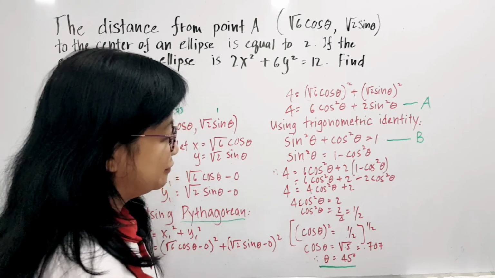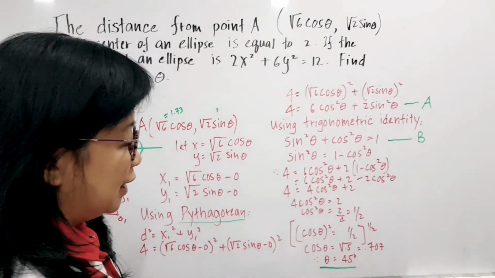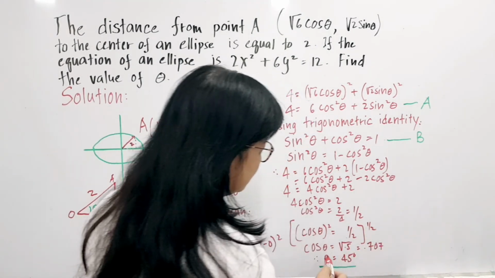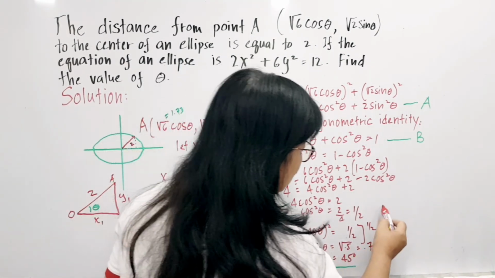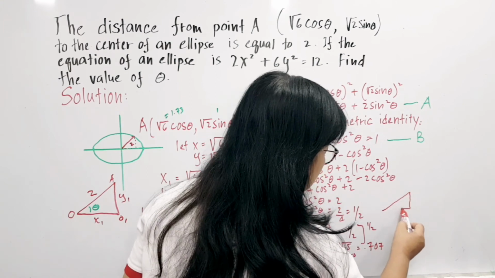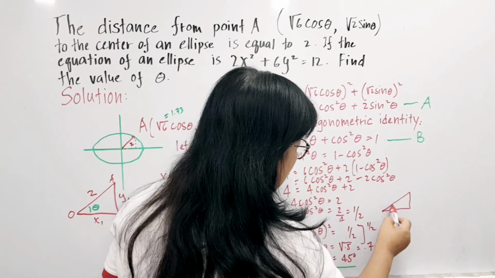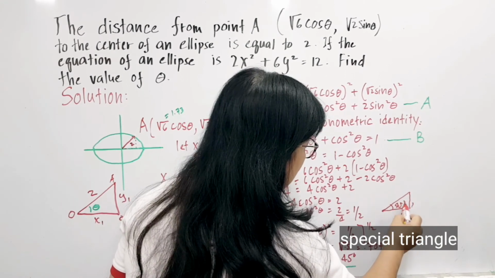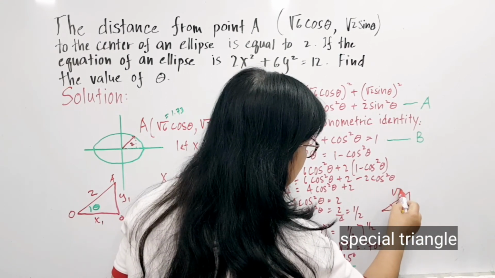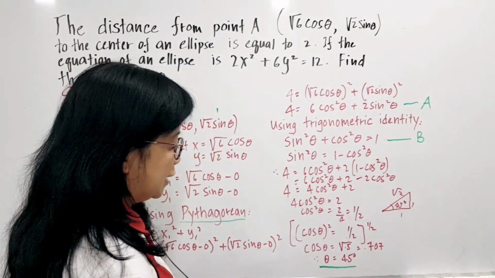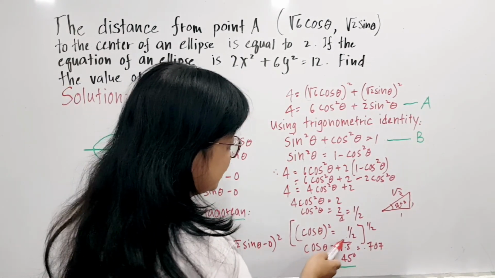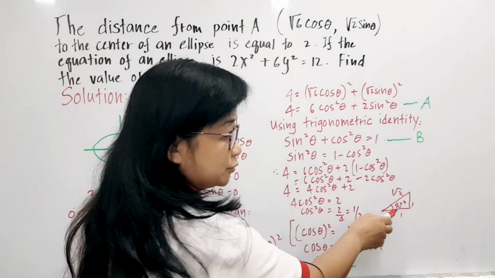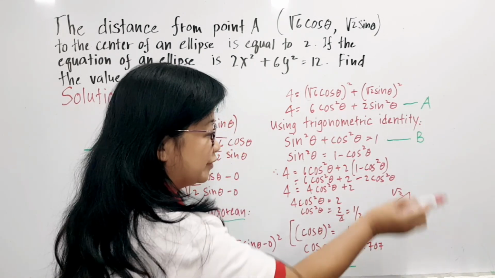Now, from this cosine theta, you can use your calculator or you can do it manually, because theta therefore is 45 degrees. If you remember, if it is 45 degrees, the sides are 1, 1, and square root of 2. Now, let's find the cosine theta. Cosine is equal to the adjacent over the hypotenuse.